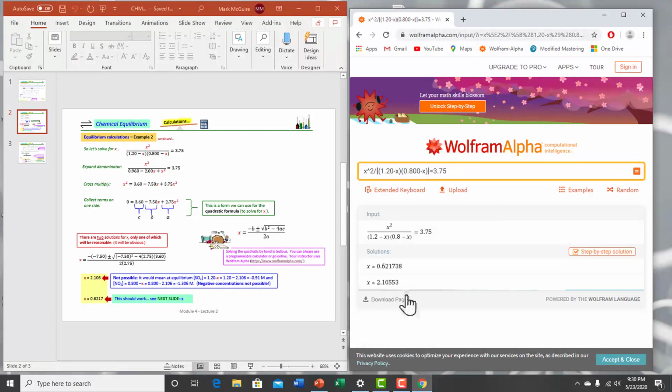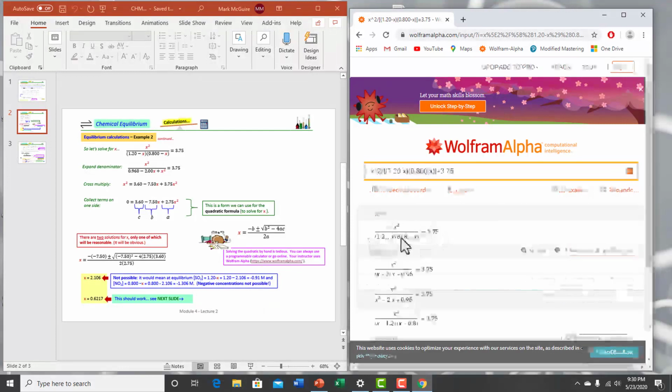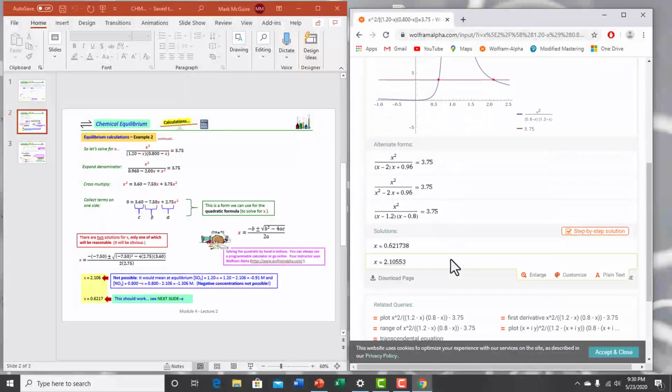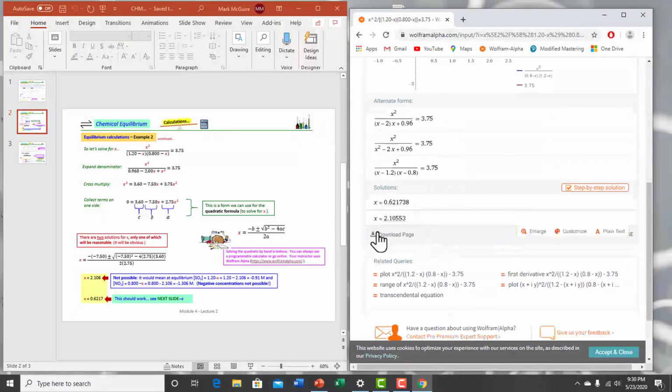I check to see if it's interpreting what I want to do correctly. It apparently is. So I scroll down here and get two solutions for x, 2.10553, which I rounded to 2.106, and 0.621738 that I rounded to 0.6217.